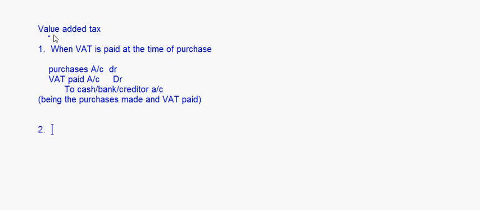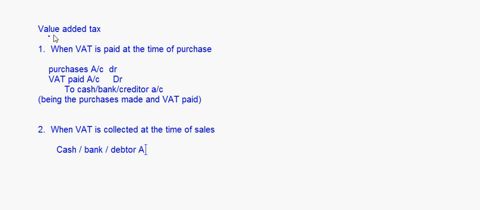The second one, when VAT is collected at the time of sales. When we are selling something, at that time we are collecting the VAT, right? So there, when you sell something, it is basically cash account will be debited or bank account will be debited or the debtor account will be debited, right?